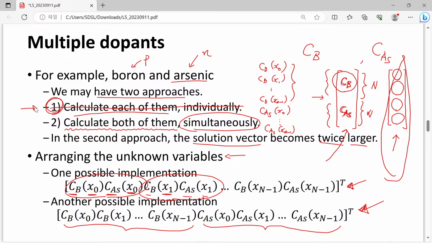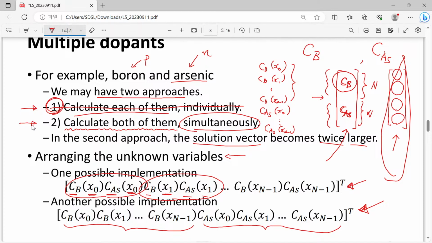But later you will find that even in this case, although boron and arsenic are different, they are interacting in many different ways. So we will learn why they are interacting later. But right now, although they are not interacting particles, for our future use, we will just make something like that.